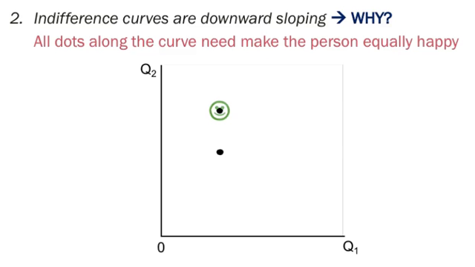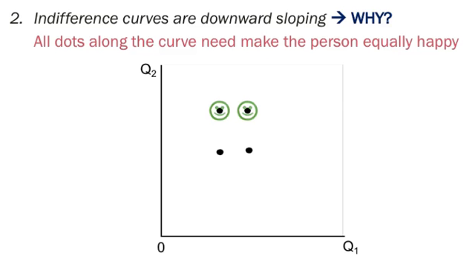So as a result, these 2 dots cannot be on the same indifference curve because people are not indifferent between them. Now let's look at a new dot that's off to the northeast. People are going to prefer the dot to the northeast because relative to the initial dot, you get more of both things. So that means the initial dot and this new dot cannot be on the same indifference curve.